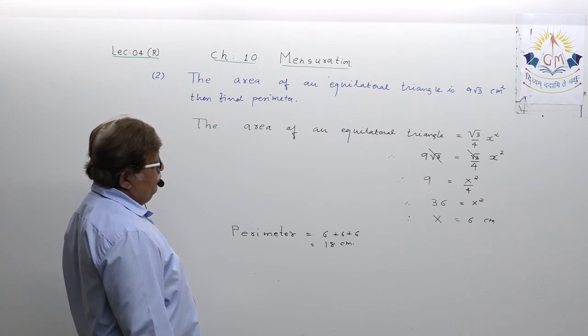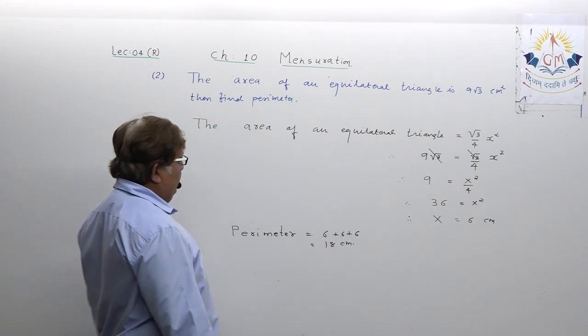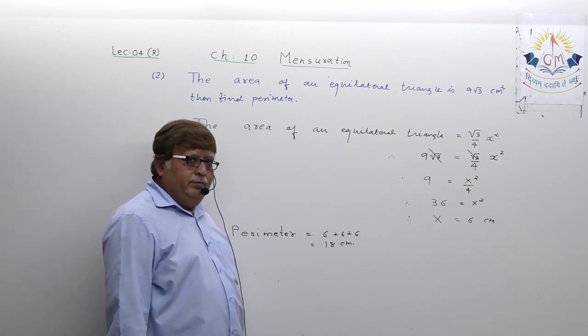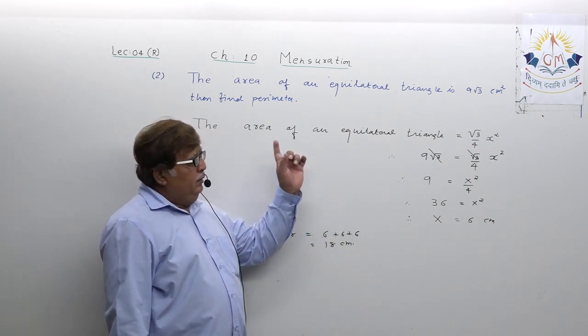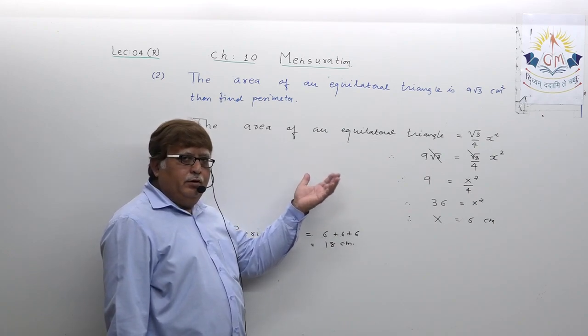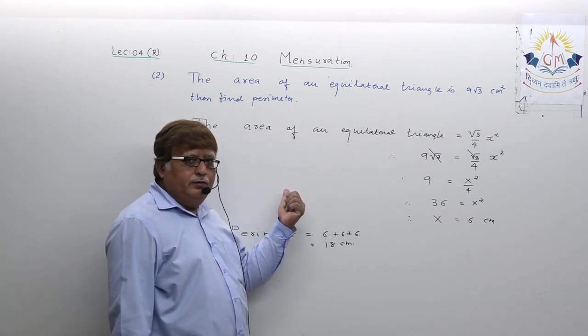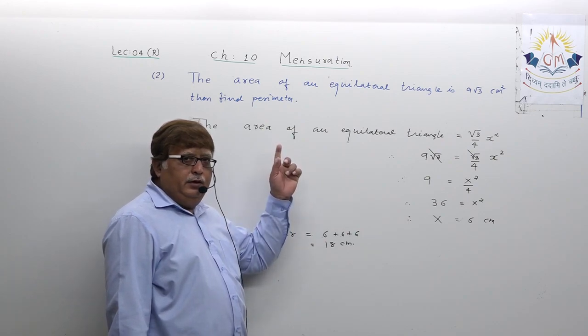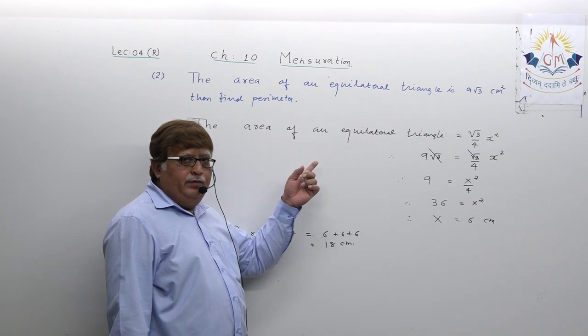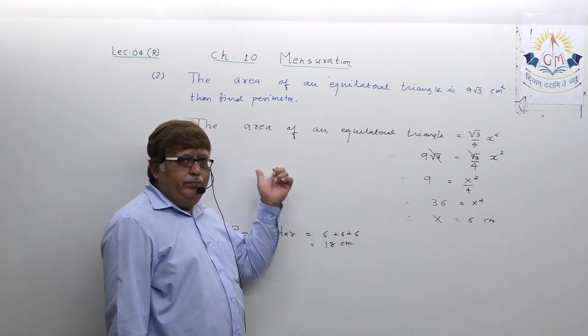Okay, let me discuss one more example, and this example is in contrast to this. Here area was given and we were looking for the perimeter.